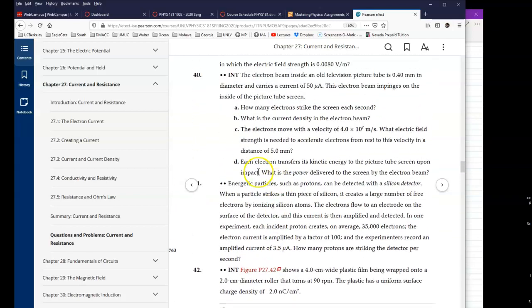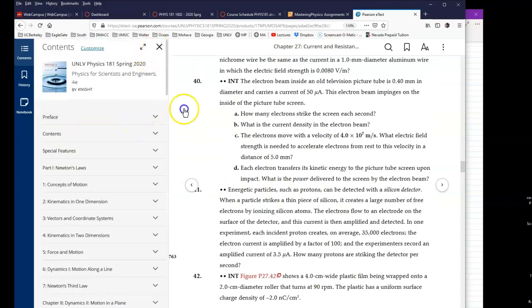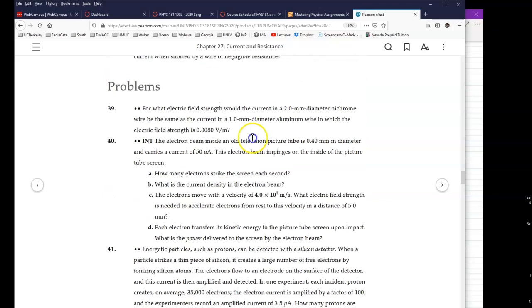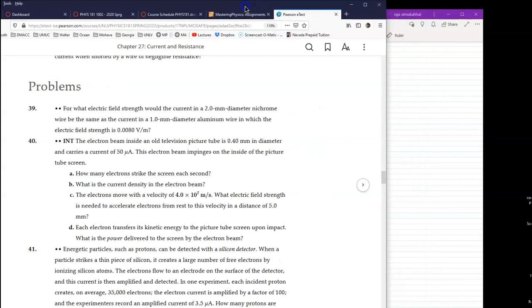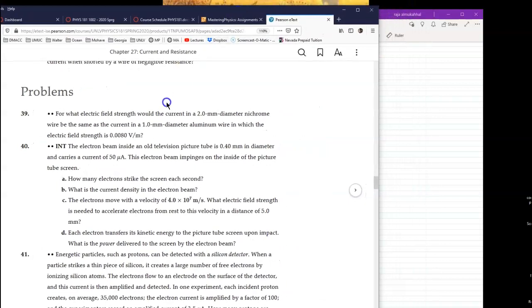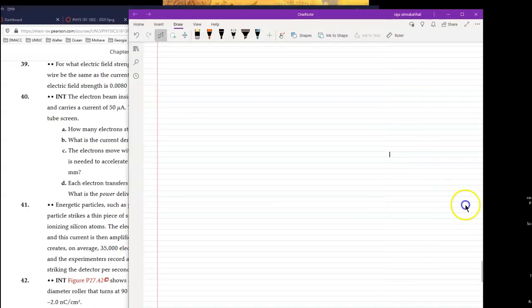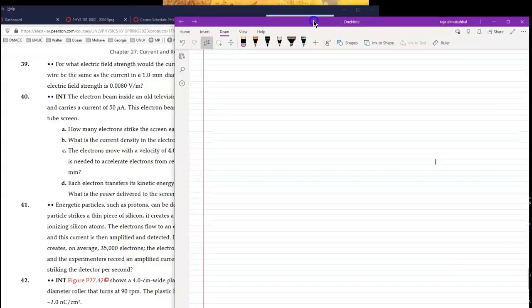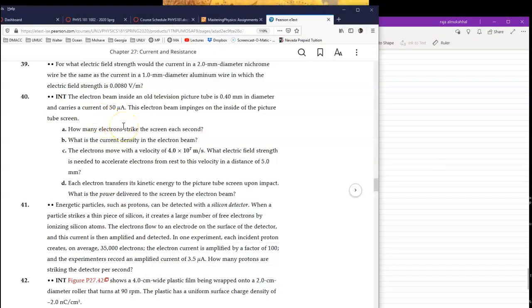Okay, it says an electron beam inside an old television picture tube is 0.4 millimeter in diameter and carries a current of 50 microamp. This electron beam impinges on the inside of the picture tube screen.